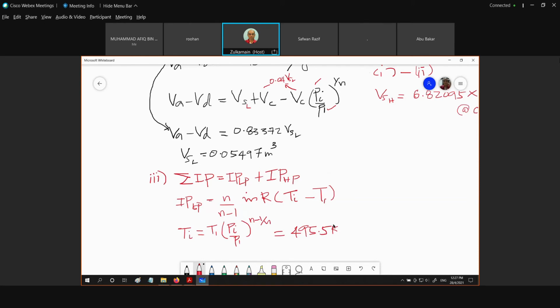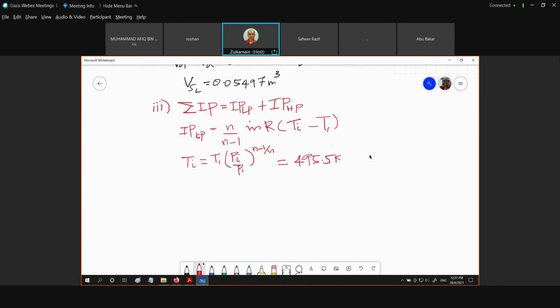So once you have your Ti, then you could get your IP. Okay, we have solved the m dot before, and the IP for the low pressure is equal to 21.13 kilowatt.